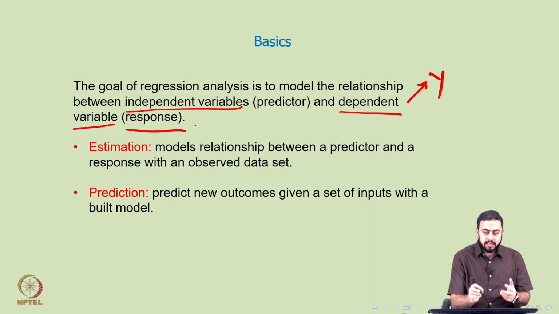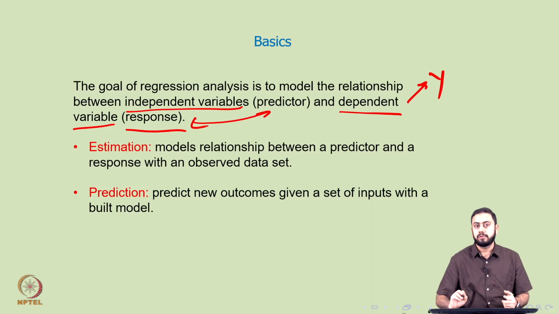Rather than saying dependent and independent, an alternative terminology is predictor versus response. The idea about a regression model is that it is twofold. On one hand you have estimation, which models the relationship between a predictor and a response with an observed data set.